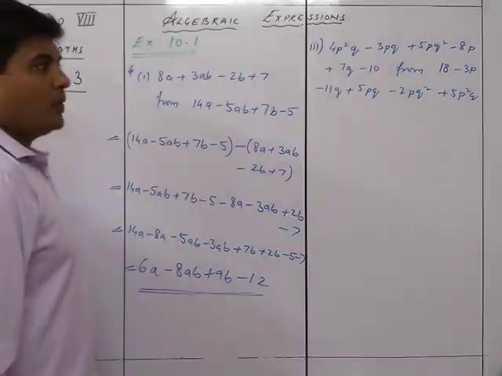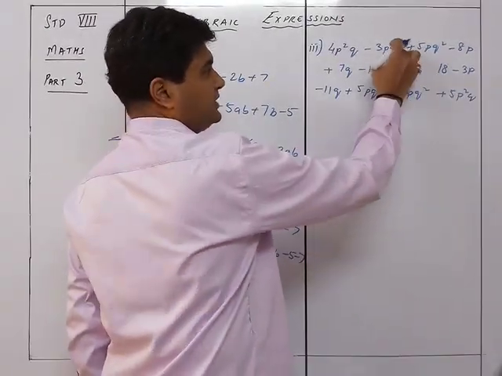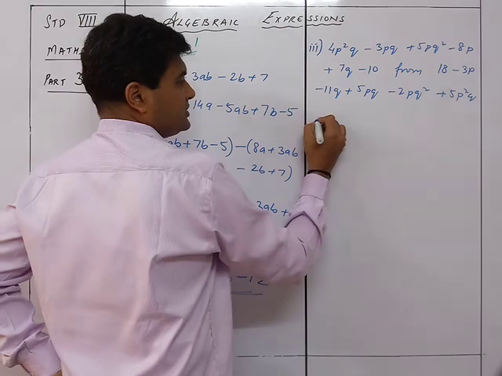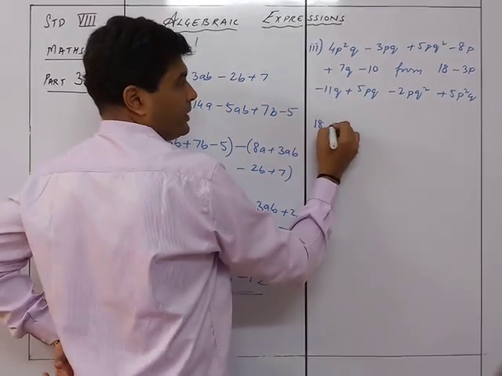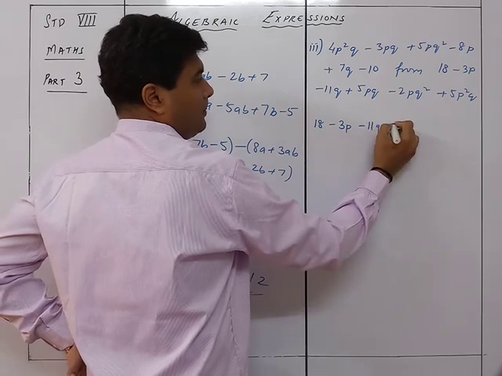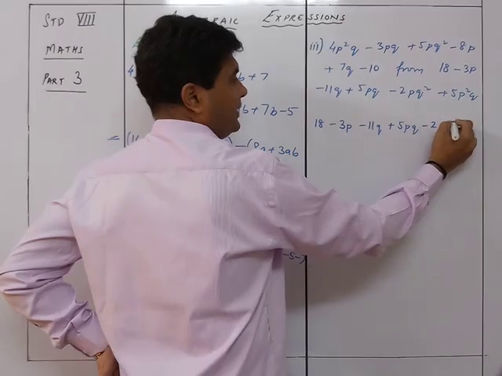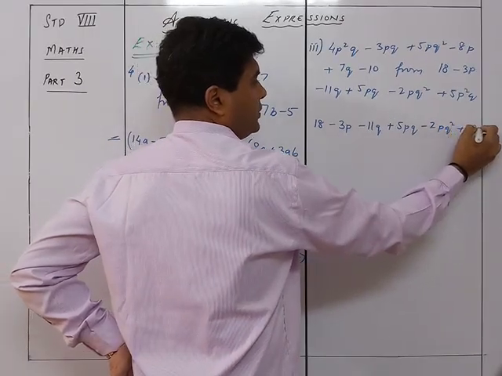Okay, quite a huge number of terms. So from means this will come first and this will be next. So write down the first terms: 18 minus 3p minus 11q plus 5pq minus 2pq square plus 5p square q.